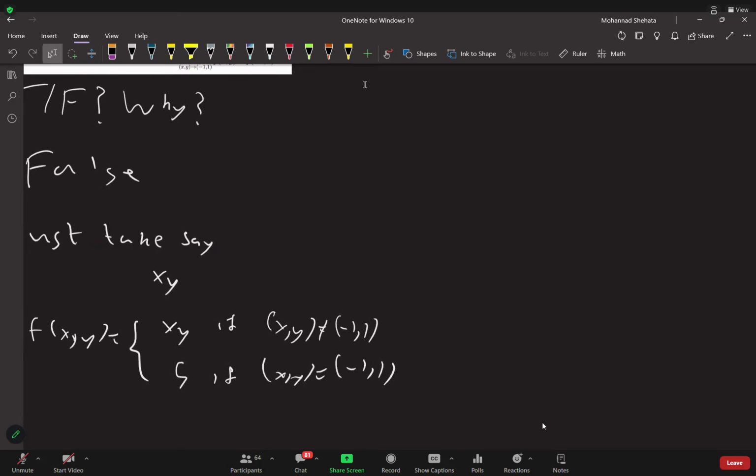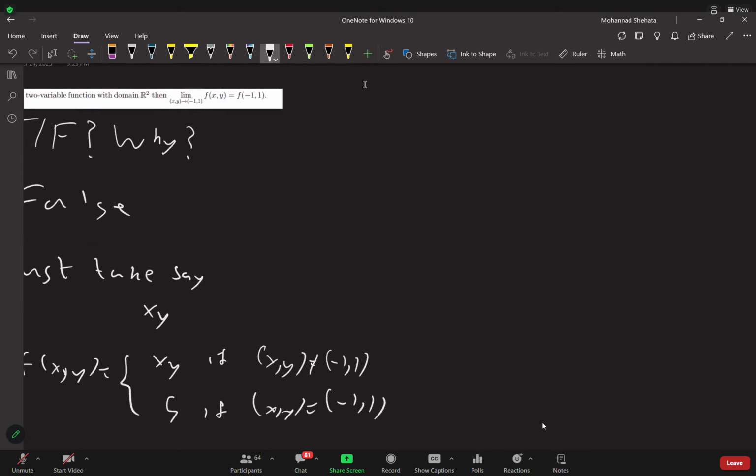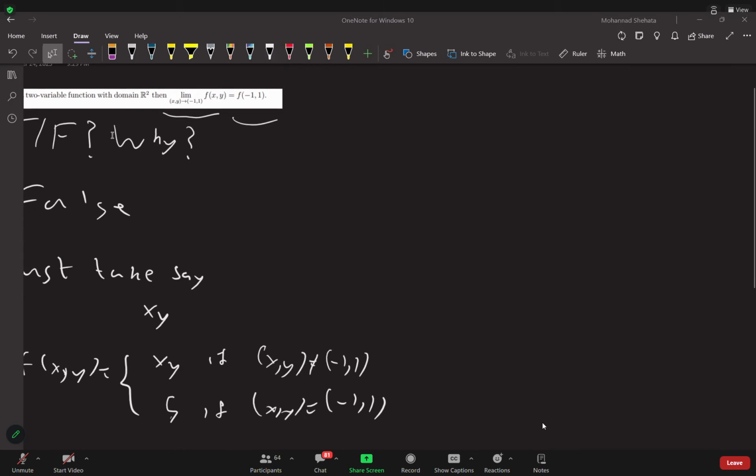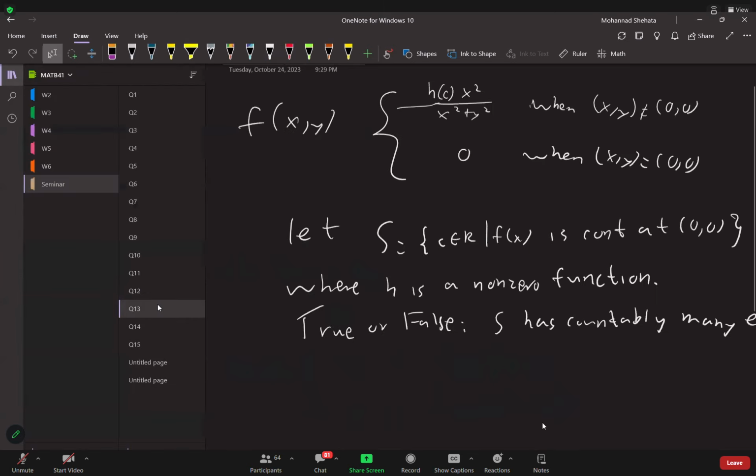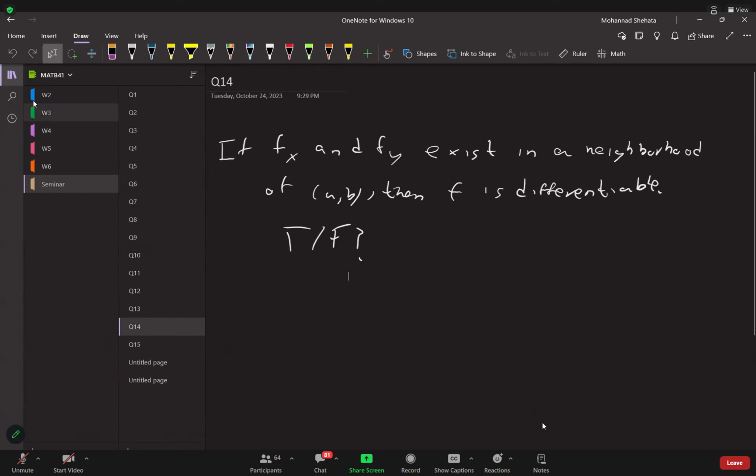If this were continuous, then this would be negative 1, but it's 5, so it's not continuous. Since it's not continuous, the limit does not equal the evaluation at the point. Do you get this? So it's false. Let's try another question. We solved this one. Let's do this.